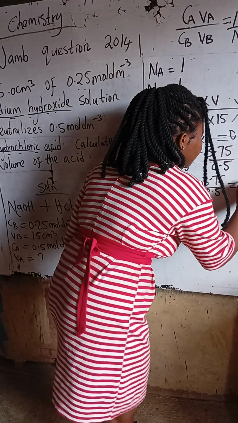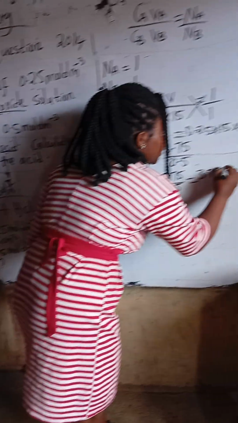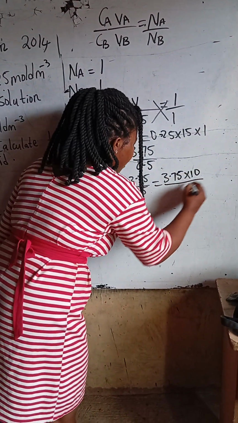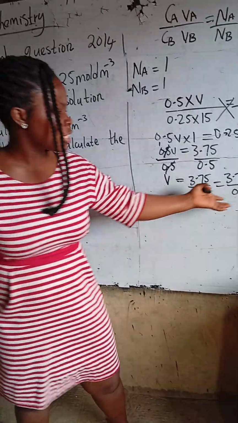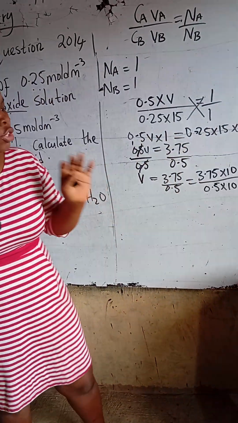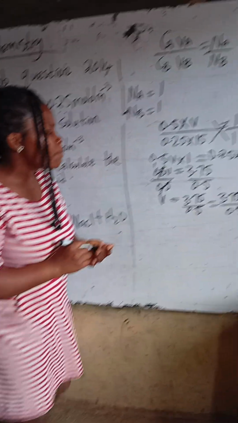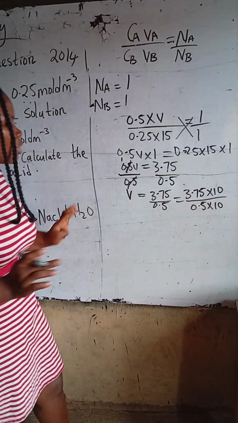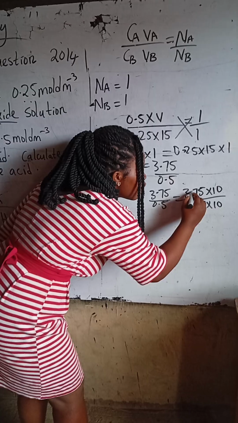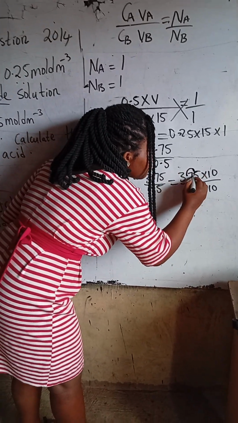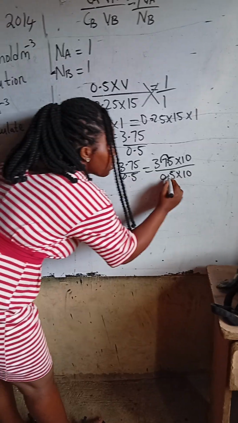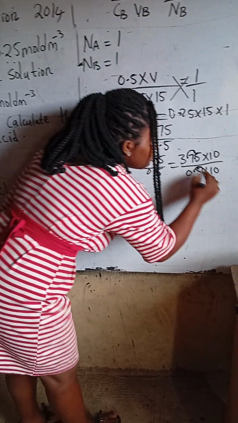So we have 3.75 times 10 over 0.5 times 10. Now, how do you multiply this without using your calculator? When you are multiplying by 10, the only thing you do is move your decimal point one time to the right.